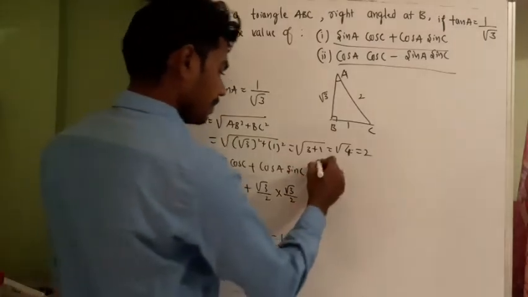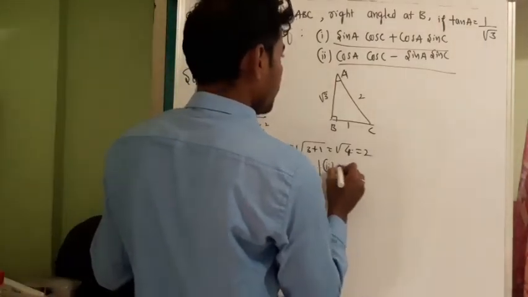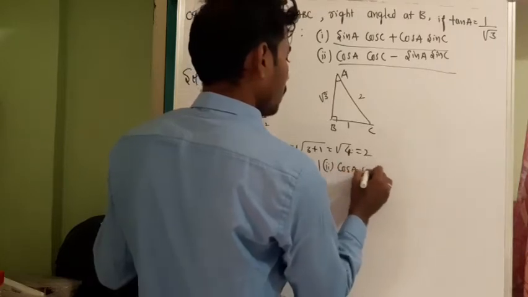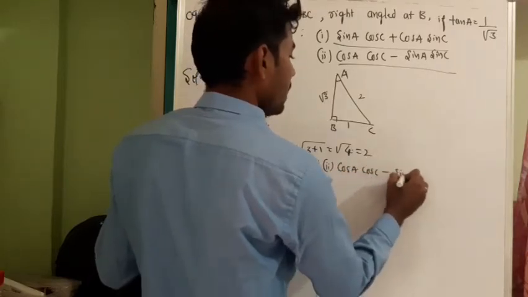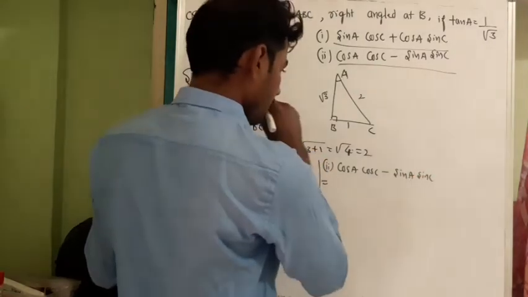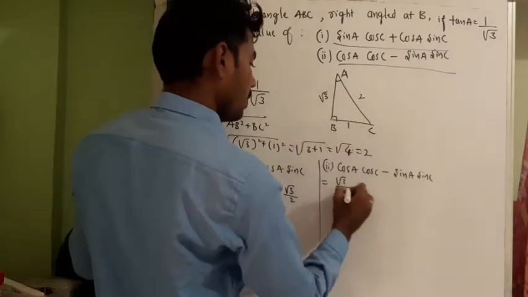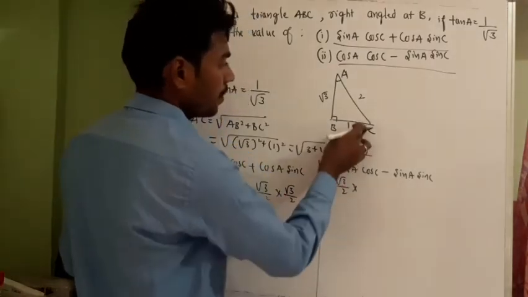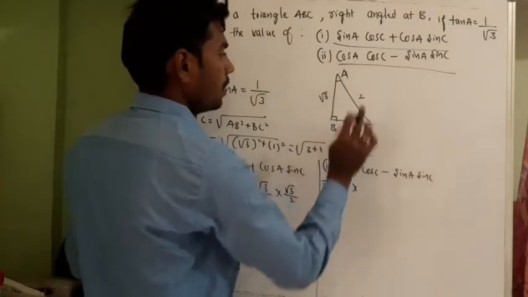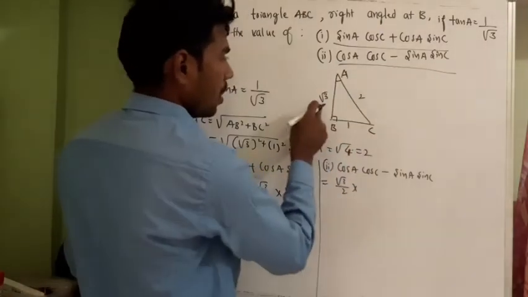Next, cos A cos C minus sin A sin C. What is cos A? That is adjacent by hypotenuse, that is root 3 by 2, into what is cos C? Adjacent by hypotenuse, that is root 3 by 2, right?